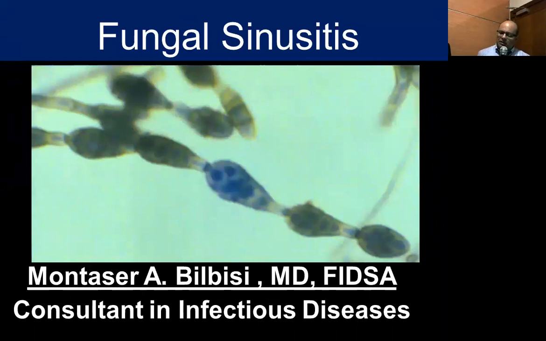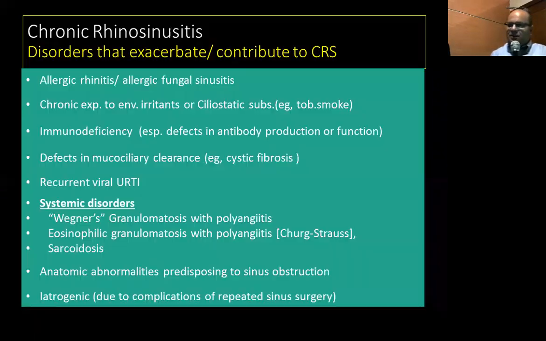So let me talk a little bit about sinusitis, including fungal sinusitis. Chronic sinusitis is a condition contributed to by many factors, such as allergic fungal sinusitis and chronic exposure to irritants such as smoking, and immunodeficiency states. Obviously, the respiratory tract is normally colonized with bacteria and fungi, and so when the body's immunity wanes enough for these to become invasive, then you get into trouble.